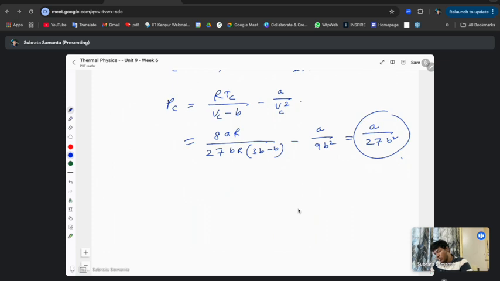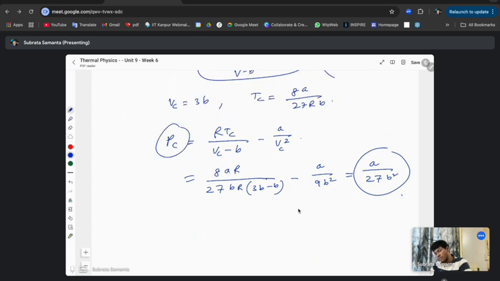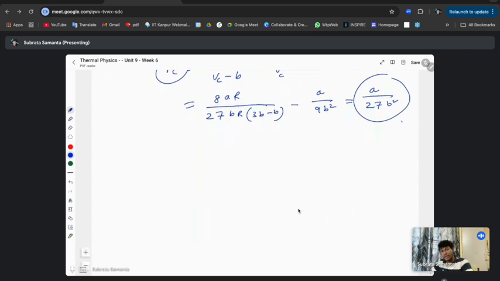And to also know PC, TC and VC, you can calculate the critical coefficient. So what is the critical coefficient? The critical coefficient eta is RTC over PC VC, which is equal to 1 for any ideal gas.